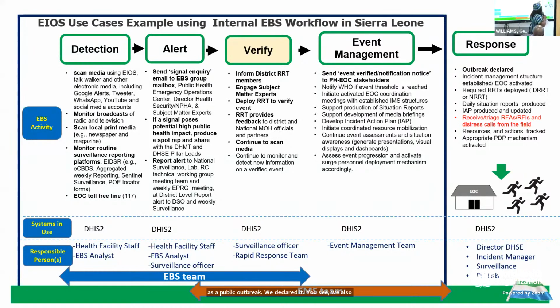We also require the development of the DRRT, which is the district rapid response team, and the national rapid response team to see how the situation works. This is the workflow: the DHIS2, rapid surveillance officers, event management, the director, incident manager, surveillance, all the pillars of epidemiology work in response mode.